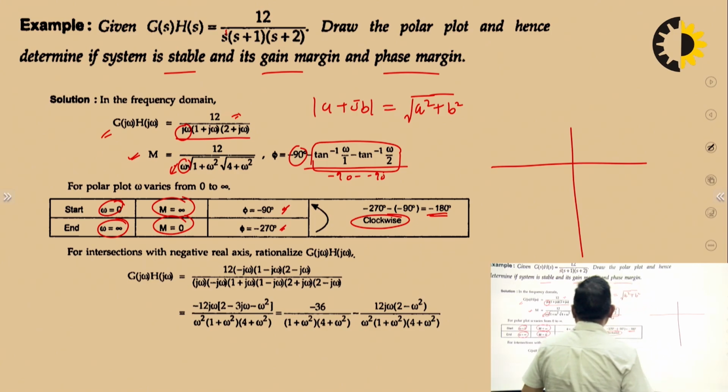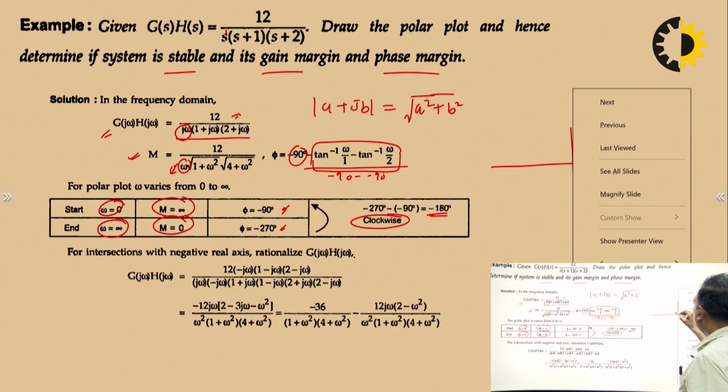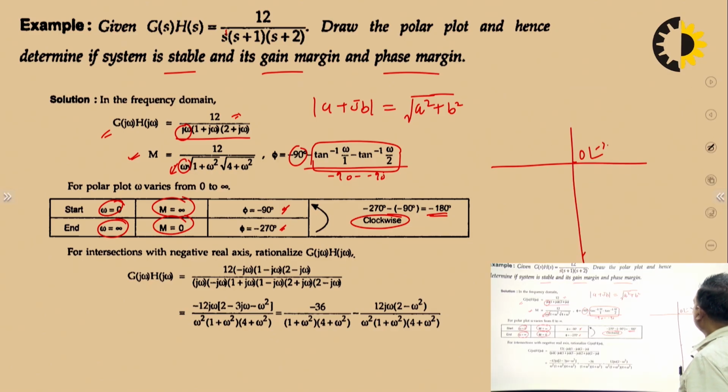You can see from here, if we draw the rough polar plot, the angle is minus 90 for omega equals 0, the minus 90 line will be this, and the magnitude is somewhere here. For infinity, minus 270, this line, the magnitude is 0. So you can say it is 0, minus 270, and this is, you can say, the point infinity, minus 90.